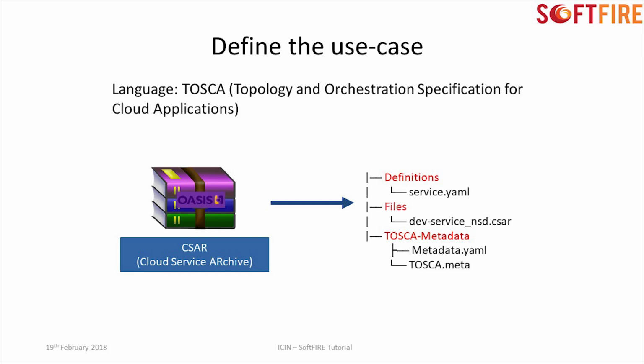In this case, it will contain the custom network service required by the NFV resource, and in the end we have the TOSCA-Metadata folder that will contain some metadata regarding the experiment.